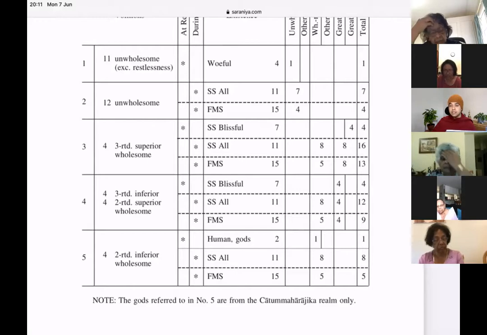Maybe if you can just send us this page, Bhante, then the rest we could follow. It is on the website. You can access it through the PDF on the website.